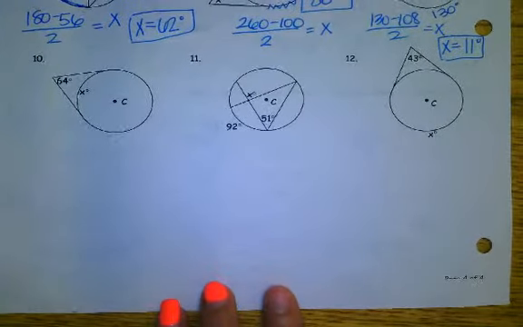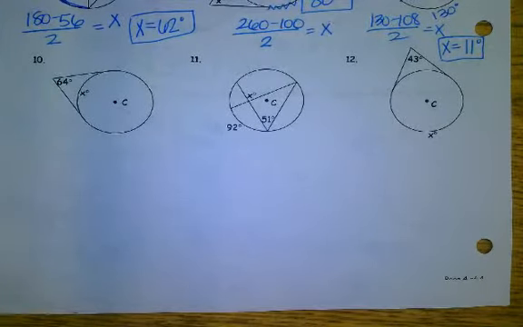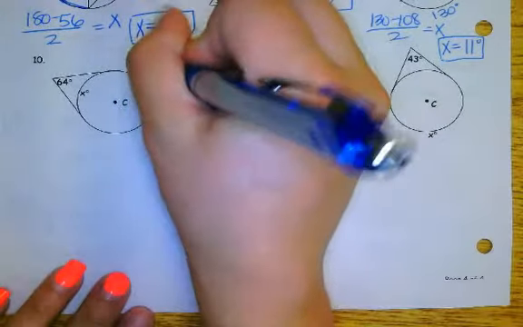Okay, 10 and 12 are similar in that they don't give you anything really. You have an intercepted arc labeled x, you have another arc, and you have 64 degrees as what kind of angle? Exterior angle. So you know you have an exterior angle, you need the difference.